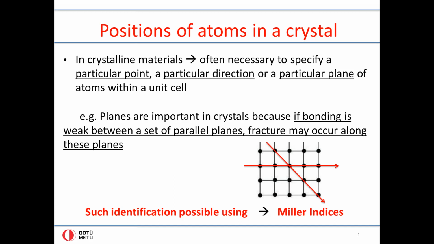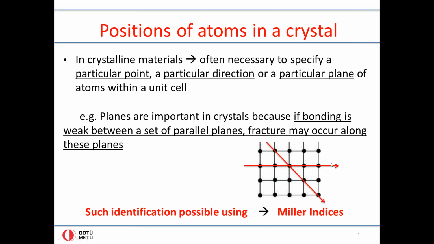So the concept of directions here is shown in this image, where you have two different directions shown. It's a two-dimensional representation of a crystal, so it's kind of simplified, but you see that here you have one direction going from here to here, another direction going from here to here. In a direction, the way in which you're moving along the line is important.